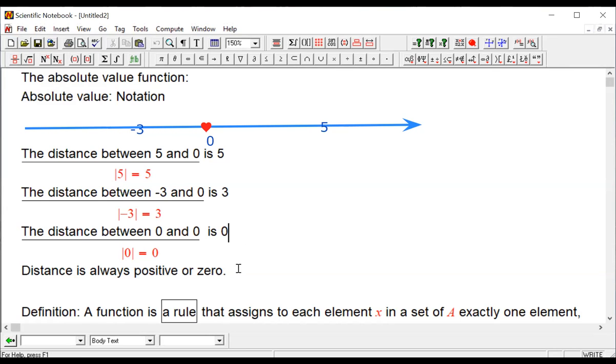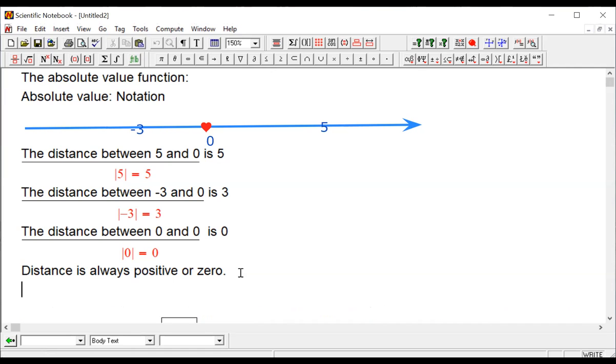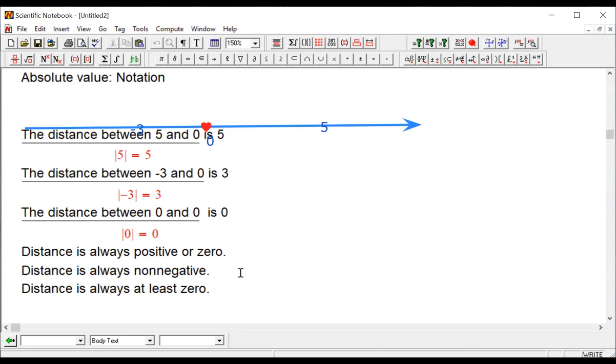Another way to say it, distance is always non-negative, or you can also say the distance is always at least 0. All these are different ways we can say it.